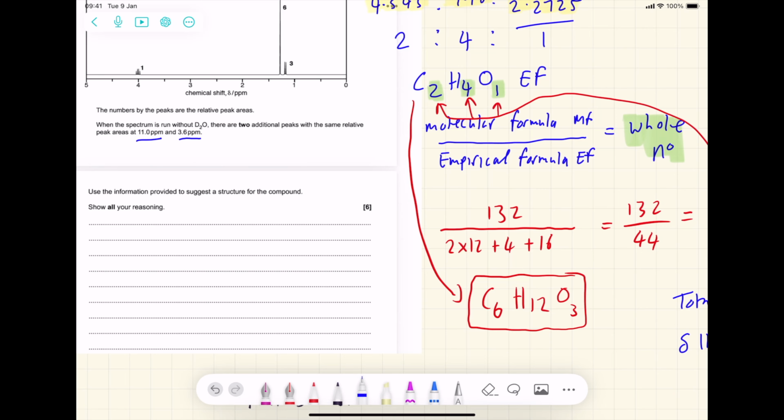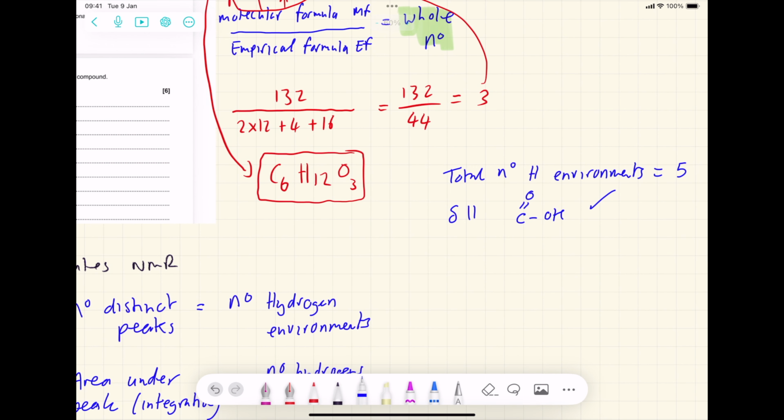Then we have the hydrogen attached to a carbon on a benzene ring. Well, there's no benzene ring in this molecule, because benzene has a chemical shift at around 7, and that's missing from this spectrum, so it's definitely not that. So that leaves either a hydrogen attached to a carbon with an OH, which is this one, or a hydrogen attached to a carbon which has a C double bond O.